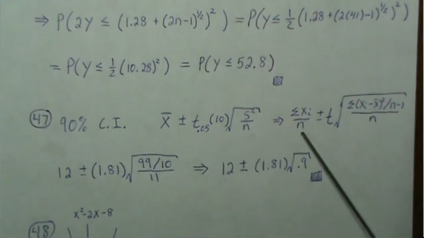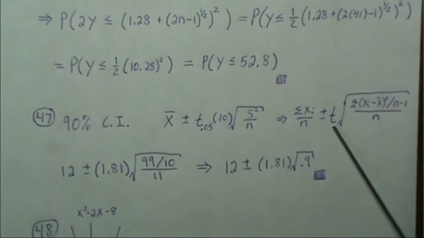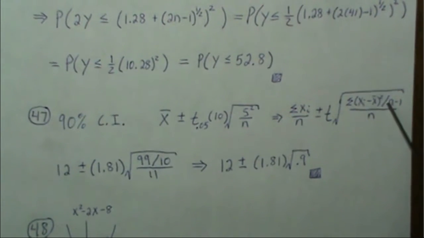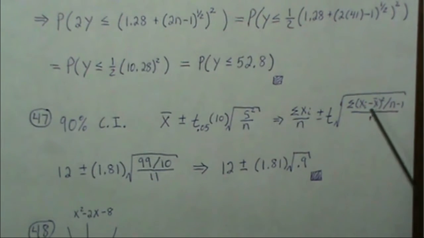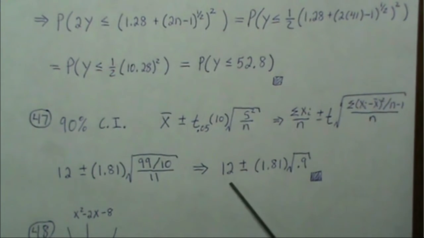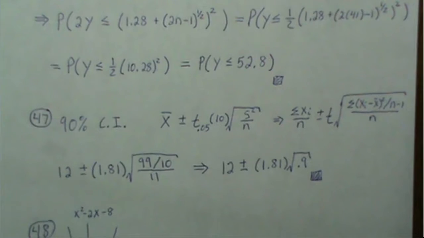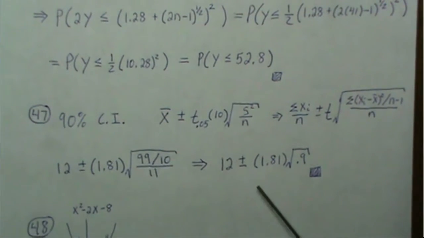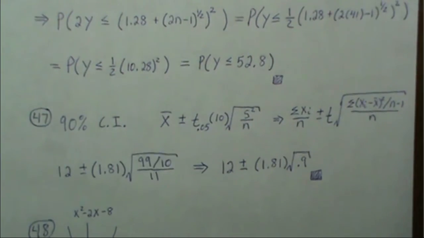The x bar is this, t is still that. Now the sample variance is this, and now we're given information. We're given this and given this, so we plug it in, and then that reduces to 12 plus or minus 1.8 square root of 0.9, and that's the piece that we were needing.